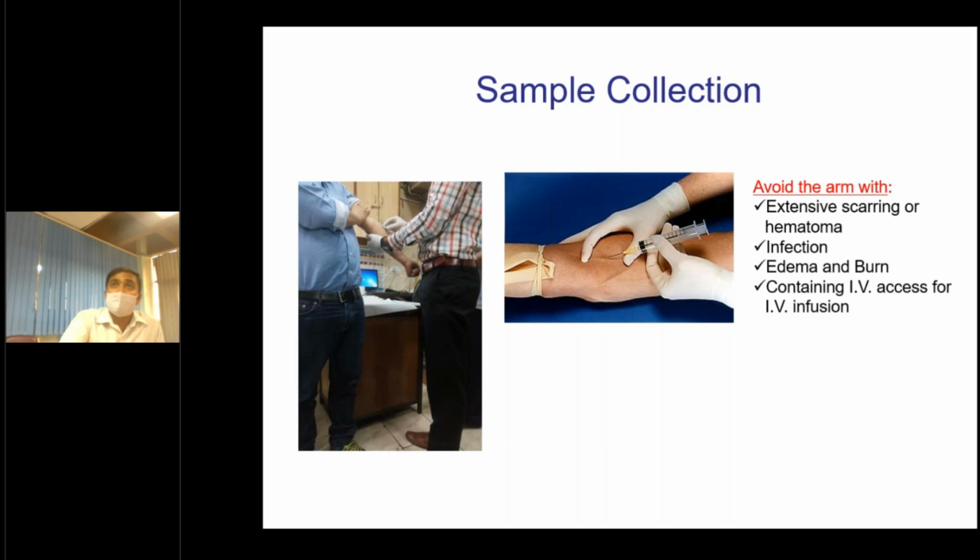You should bear in mind to avoid any areas which have scarring or hematoma, where there is already an indwelling IV cannula, or if there is an edema or burn, or if the patient has undergone a total lymphadenectomy like for CA breast, or the patient has a fistula on the hand because of the need for dialysis. So you need to avoid those hands and take the sample from the opposite hand.